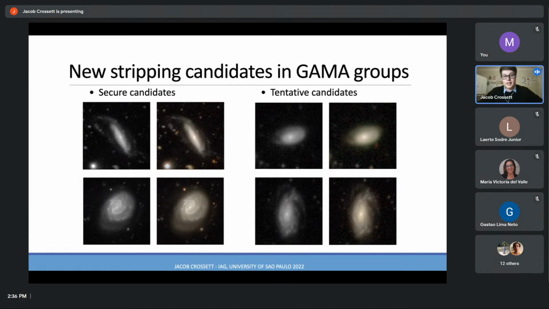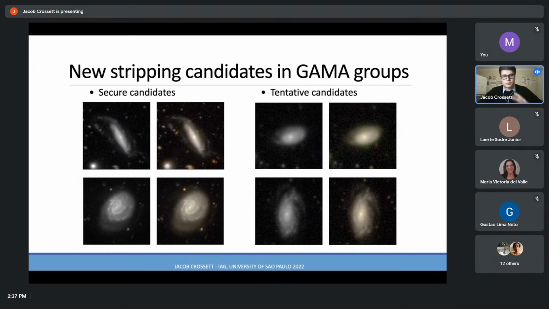We took the overlapping data from the Hyper Suprime-Cam. This is a very large telescope with beautiful image quality, to look through all of the groups that we had previously and find new potential ram pressure stripped galaxies. Here are a few examples.